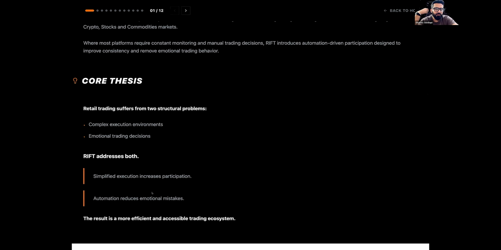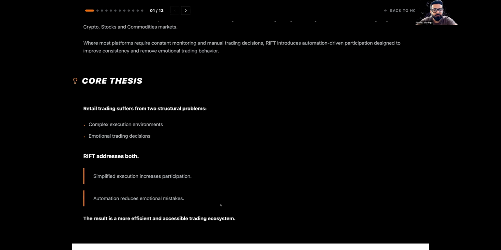So we offer simplified execution that increases participation, and we offer automation that reduces emotional mistakes that retail users usually face. That is emotional trading or over trading, the dilemma that comes from fear, greed, anxiety, then loss, and then depression due to loss, and then over trading in that anxiety and everything.